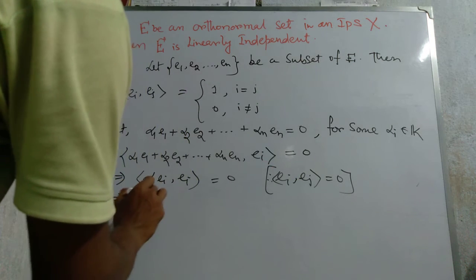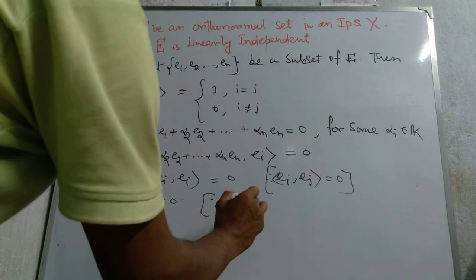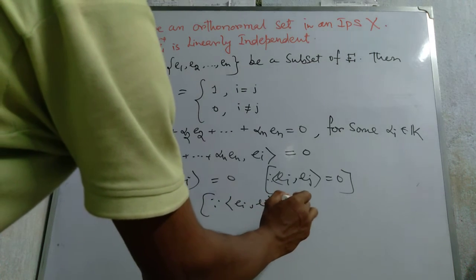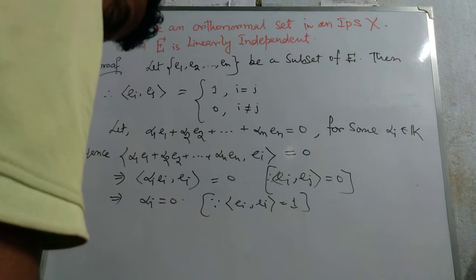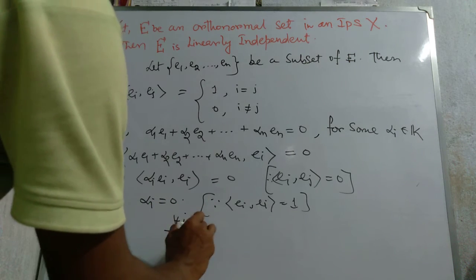This implies alpha i equals 0, since the norm of ei is 1. So for all i, alpha i equals 0.